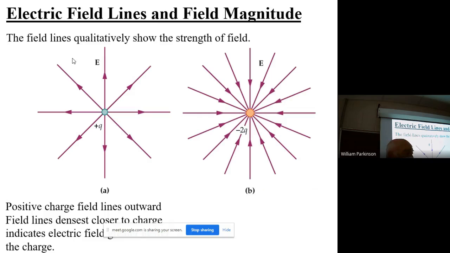Notice there's not a number on there. You're given no numeric information about the field strength, but you're given pictorial information. Not only are you given pictorial information about the field strength, you're given pictorial information about the field direction. Notice how the lines are pointing outward from the positive and there's a decent amount of space between them.